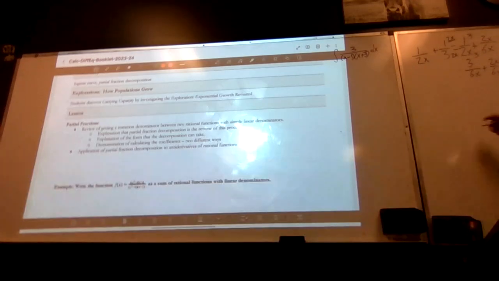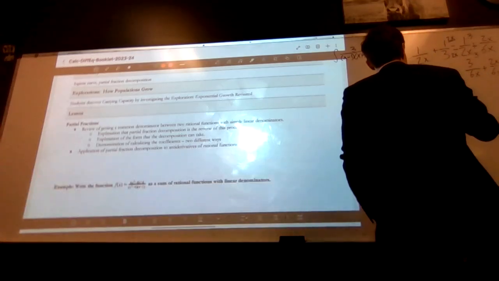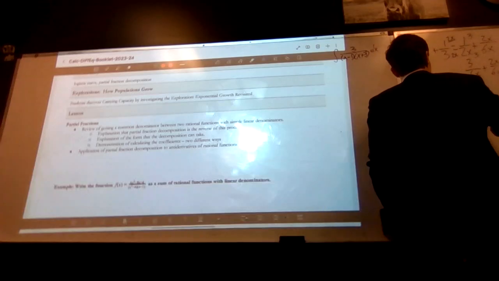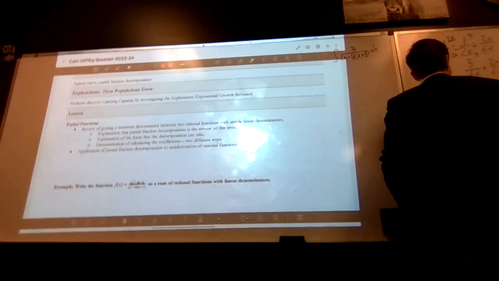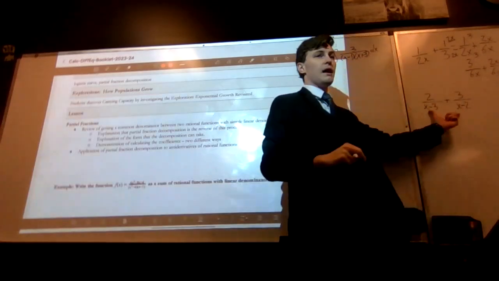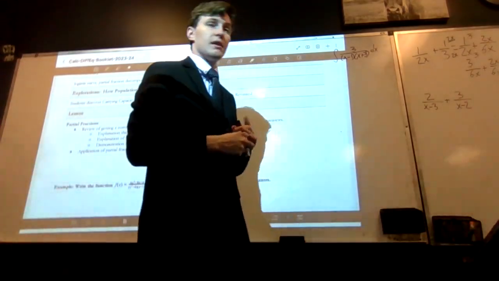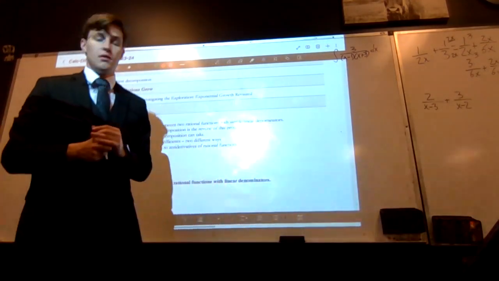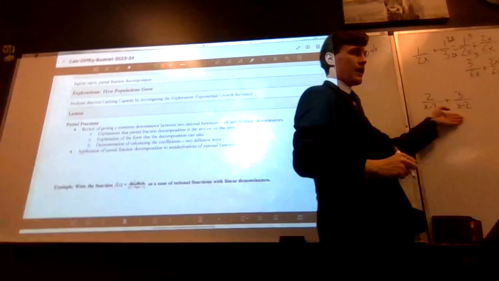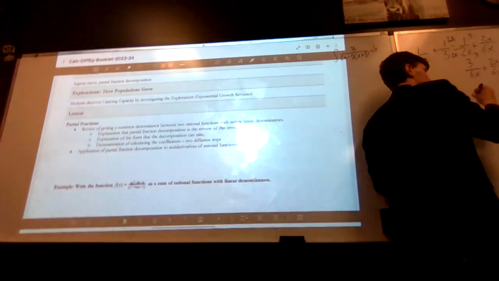Now what about this case? If I have 2 over x minus 3 plus 3 over x minus 2. Well, how do I combine these two now? How do I combine 2 over x minus 3 and 3 over x minus 2? You just have to give them a what? The same denominator. What denominator do we want?